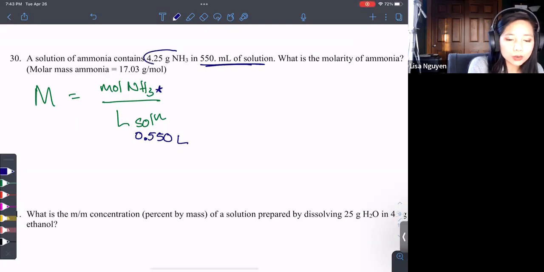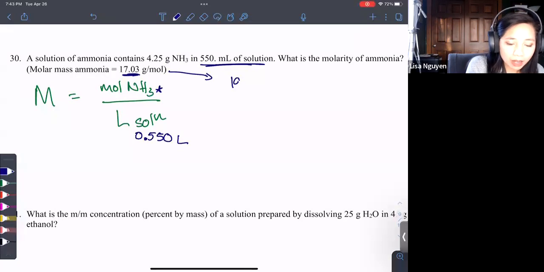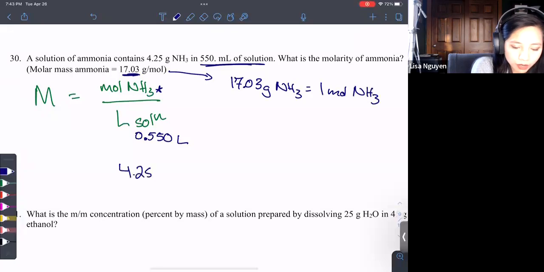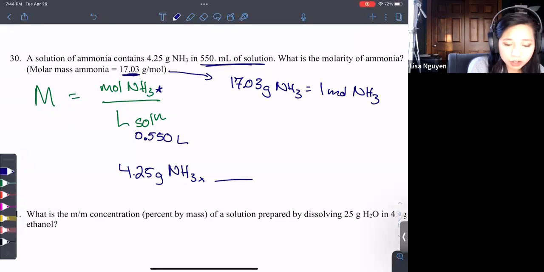So I don't give you moles of ammonia, I give you grams of ammonia. So this question is just like the gold question we did before. And look, I even give you the molar mass of ammonia because I'm super nice. So recognize molar mass means how that's written, 17.03 grams of NH3 equals 1 mole of NH3. So if I start with 4.25 grams of NH3, I just use the molar mass, make sure those units cancel.